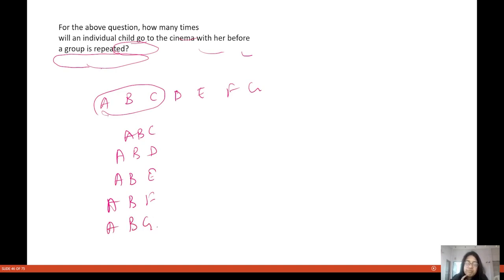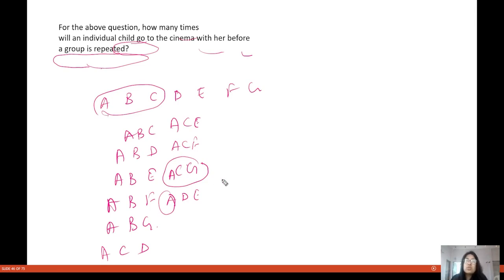This way. Or if you take C, so either ACD can go to the cinema, or ACE, or ACF, or ACG can go to the cinema. Now you will have ADE going to the cinema. Now A is there but no group is repeated until now. Understand this thing.